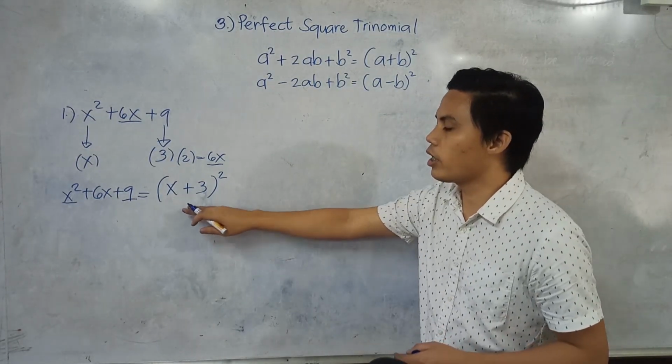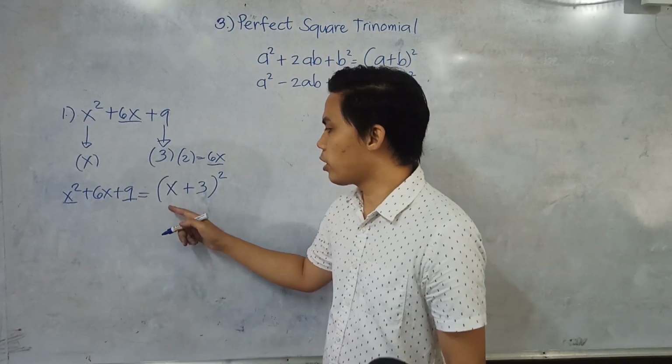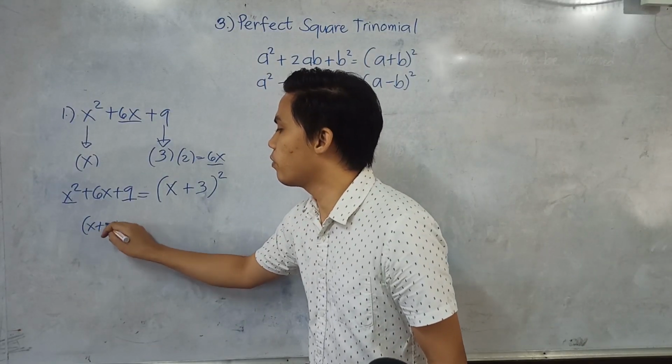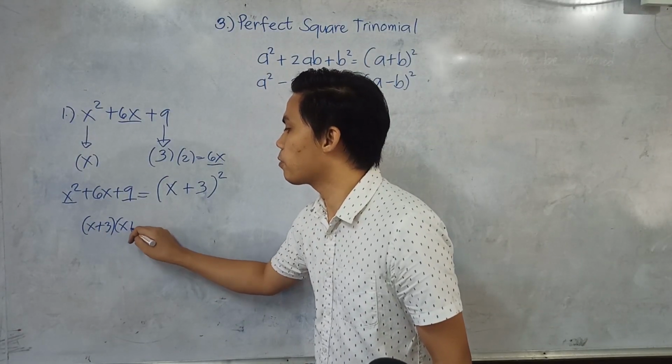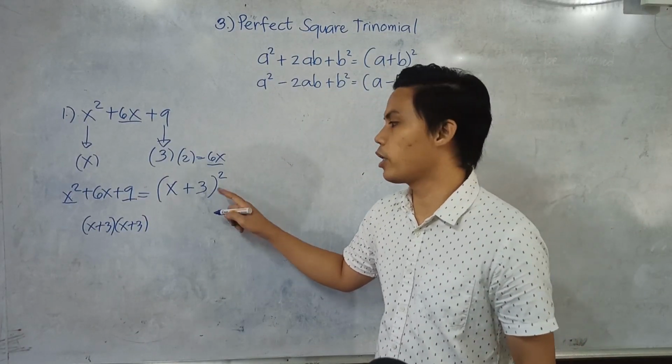Okay, so ganito lang kasimple yung answer natin. So, you want to check, ibig sabihin ng x plus 3 squared, that is x plus 3 multiplied to itself, x plus 3, right? Kasi nga, squared or 2 yung exponent natin.